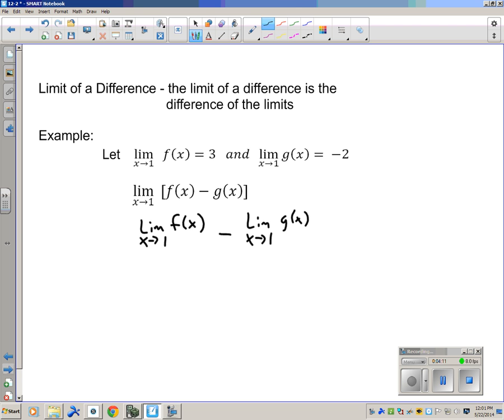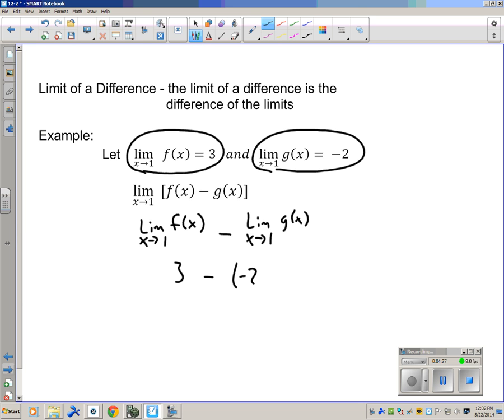It says the limit of f of x as x approaches 1 is 3, and the limit of g of x as x approaches 1 is negative 2. So plugging those in, I get 3 minus a negative 2, which gives us a limit of 5. So when you subtract, we just take the limits of the two functions being subtracted, and we get 5. So again, the difference of the limits.